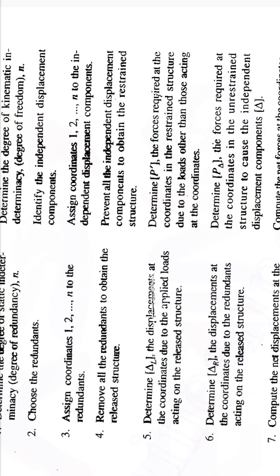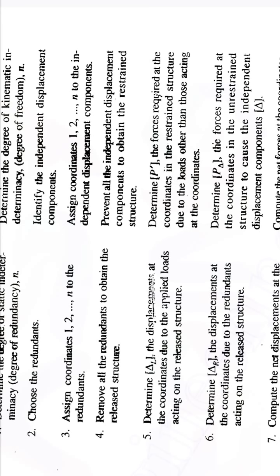Next, determine the forces required at the coordinates in the restraint structure due to the loads acting at the coordinates. If we have a point load, we find using the formulas WL square by 8, WL by 4 or whatever it is; if it is UDL, or a varying load, then based on the different loadings acting on the frame we apply the fixed end moment formulas and find the values.